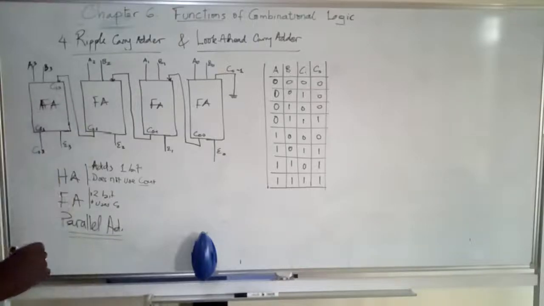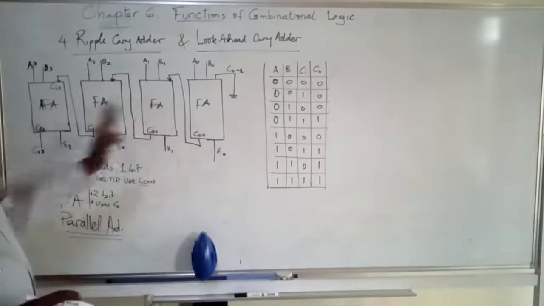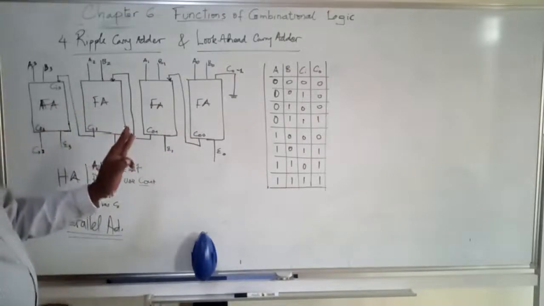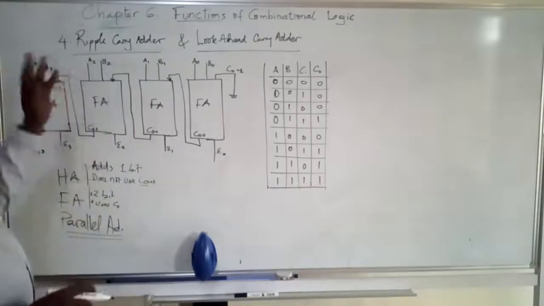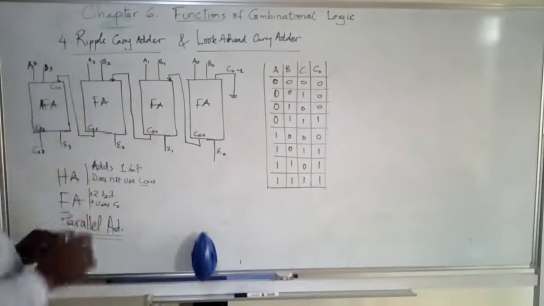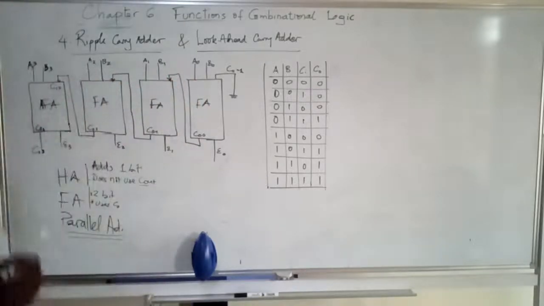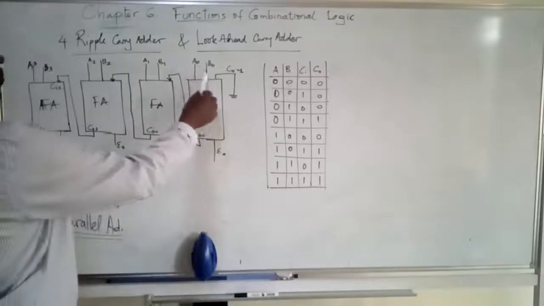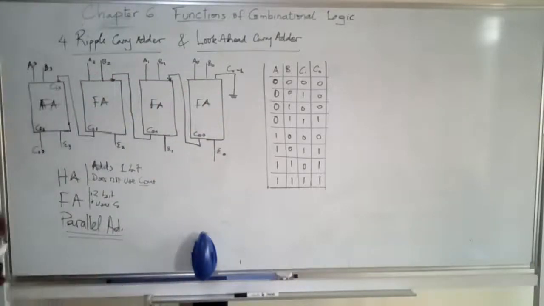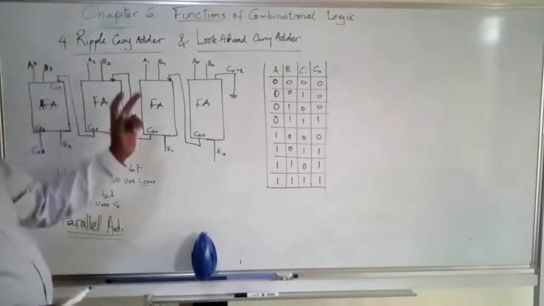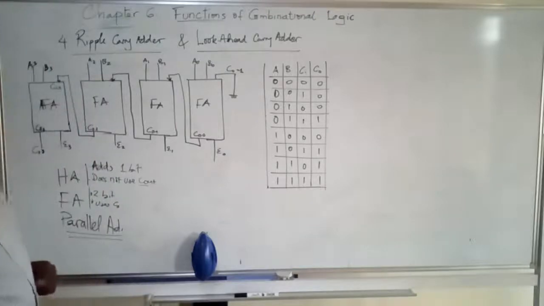So now, friends, with these 4 full adders, we can add 2 numbers, each number having 4 bits. As you can see, 1, 2, 3, 4 bits for A, 4 bits for B.